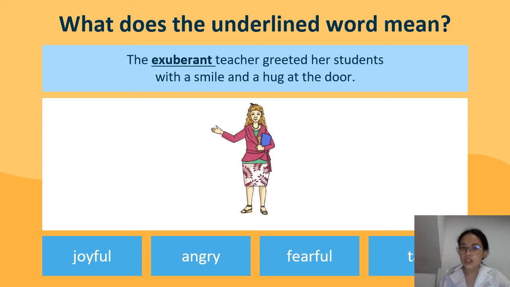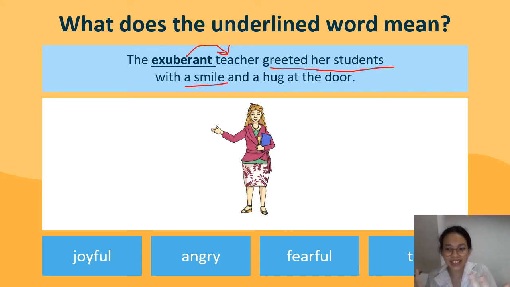It describes the word teacher, but we don't know the meaning, so let's read more. The exuberant teacher greeted her student with a smile and a hug. When someone gives you a smile and a hug, is it positive or negative? It is positive.